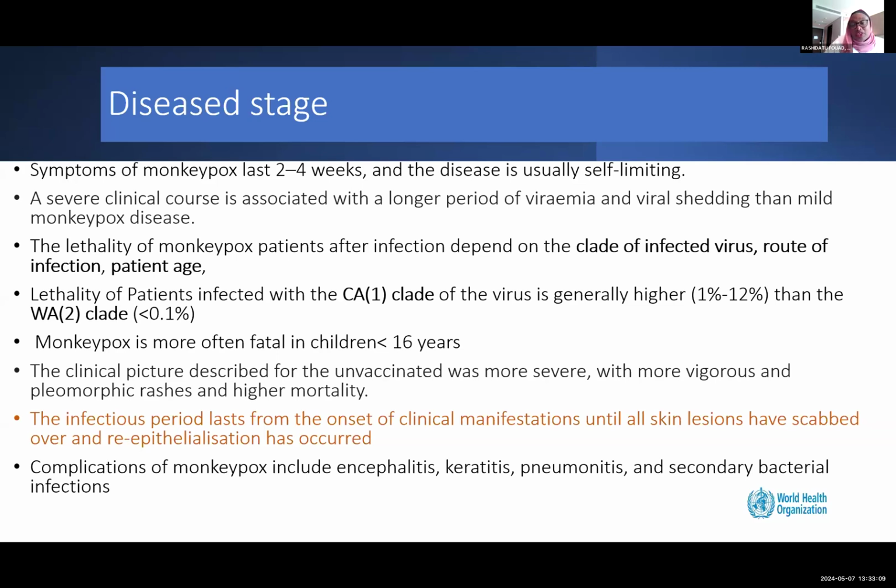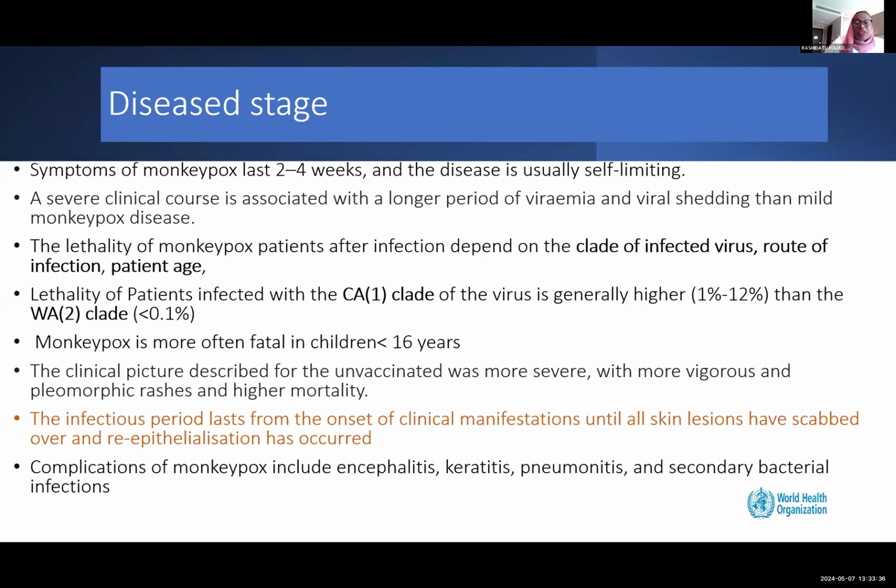I think I did mention the clade 1 and the clade 2, and the route of infection and also the age of the patient. Lethality of patients infected with the clade 1, that is the Central Africa clade of the virus, is generally higher. That is, you see a lot of mortality with this particular clade than that of the West African clade.